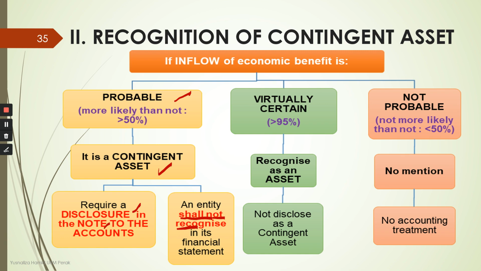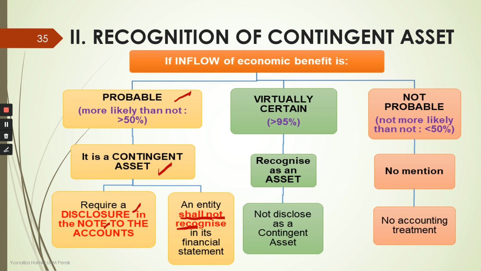However, if you are virtually certain, which is normally associated with a probability of more than 95%. In certain jurisdictions, they say that that is 90%. However, MFRS 137 or IAS 37 does not state specifically what is meant by virtually certain. But it is acceptable if it is more than 95%.